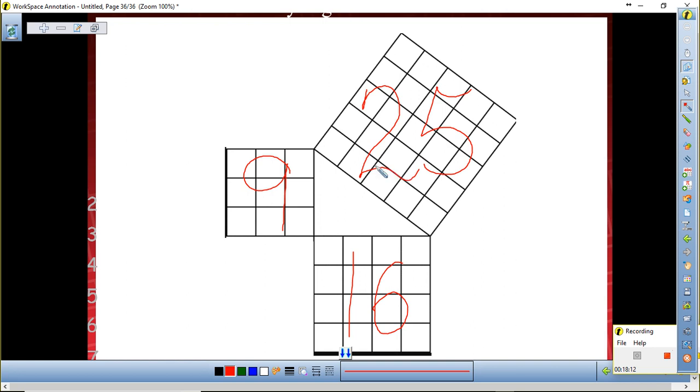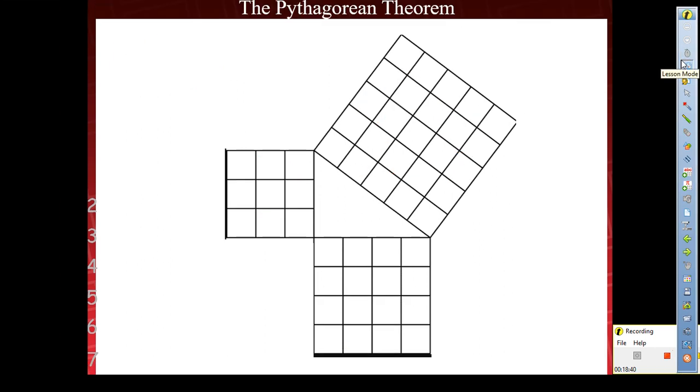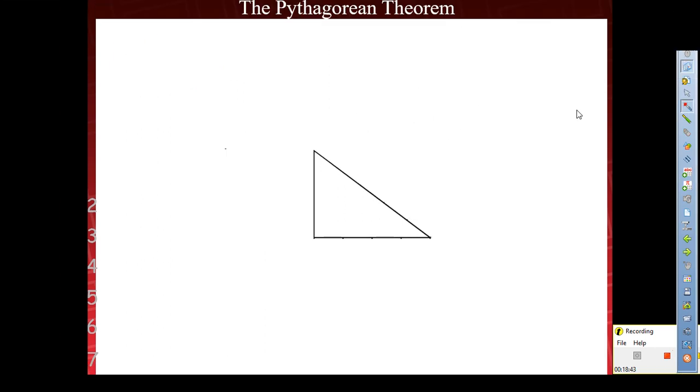So, let's see. What would be the measurement of this leg? 3. But since they give it like this, we can write it as 3 what? Squared. Plus, what is the measurement of this one? 4 squared equal to 5 squared. And guess what? They saw, okay, if that works for that, and they continued trying it out, they said, how can we generalize this idea by using letters?